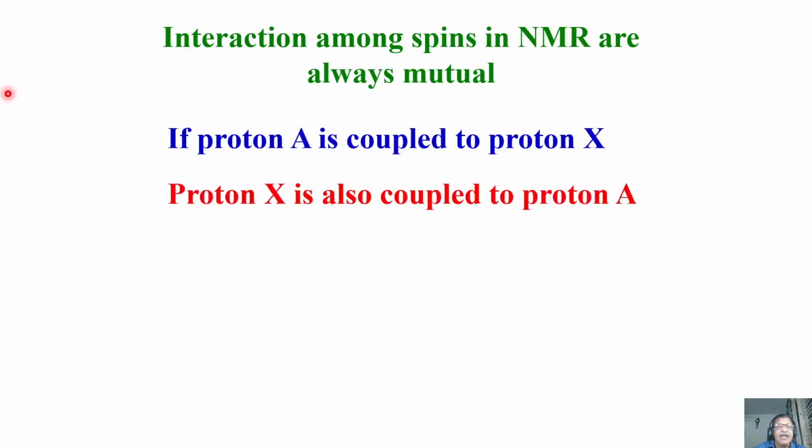Remember, I said in the previous class, interactions among spins in NMR are always mutual. I said if proton A is coupled to X, proton X is also coupled to A. It is a mutual interaction.